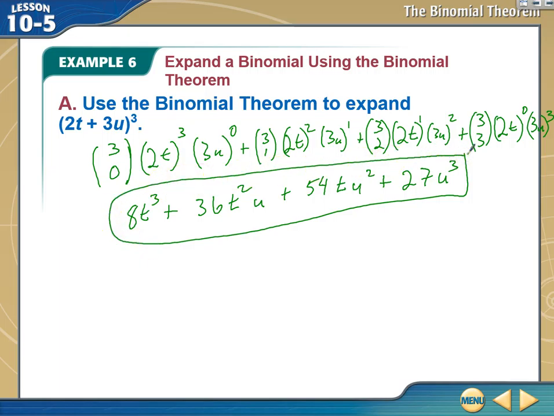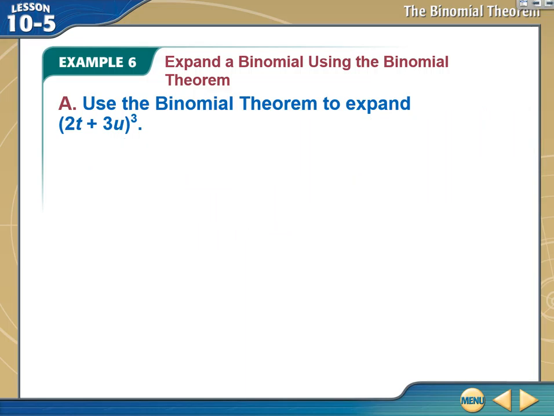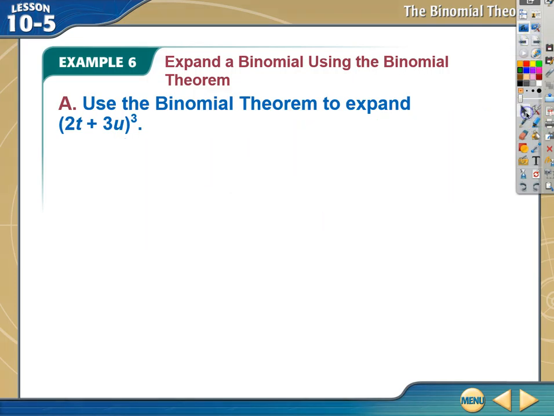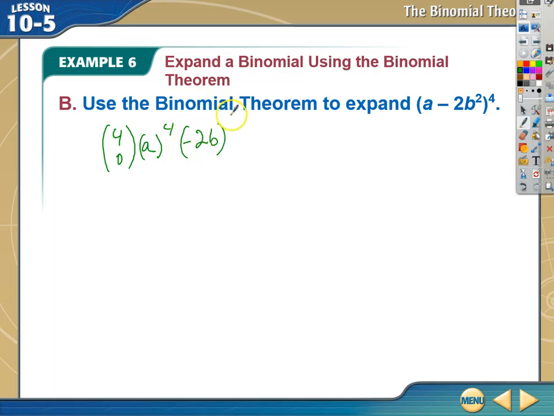In fact, you know what? I'm just going to show you the last thing. Make sure that you guys remember this little fact. And that is, this is going to be exactly the same for this one here, except remember when you start this off, you have 4 choose 0, a to the 4th, negative 2b to the 0, right?